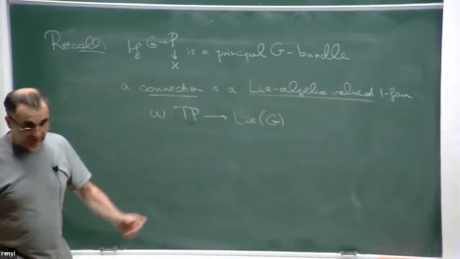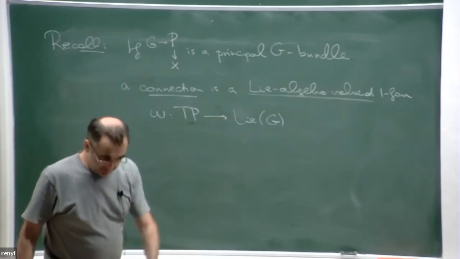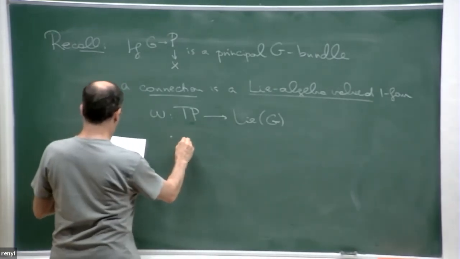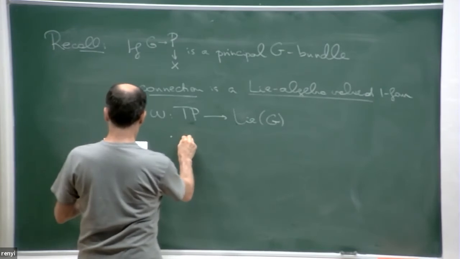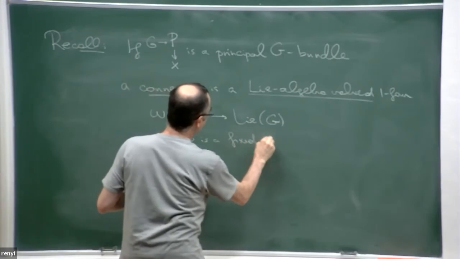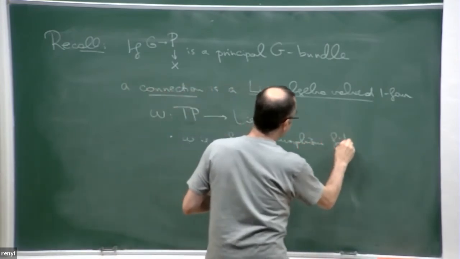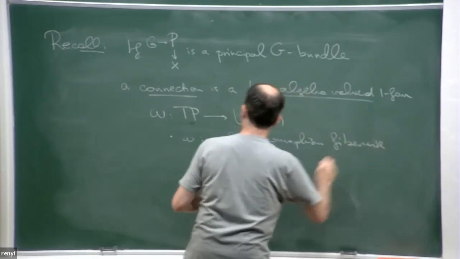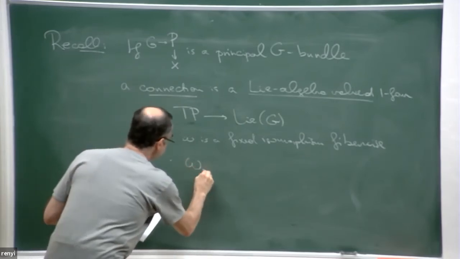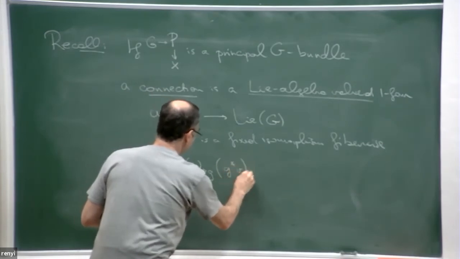It's a Lie algebra valued one form. So it maps from TP to the Lie algebra of G. And it has to satisfy the following two conditions. Omega is a fixed isomorphism fiber-wise. And I will explain it a little better. And then it also has another property, which I just write, and then we can forget about that.